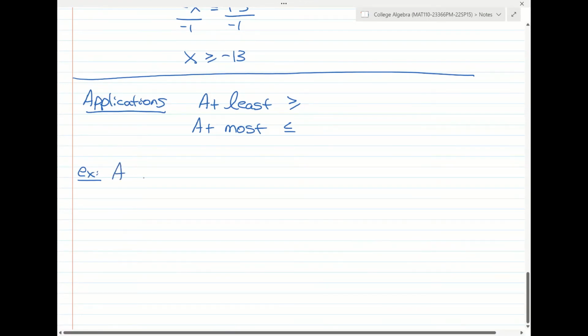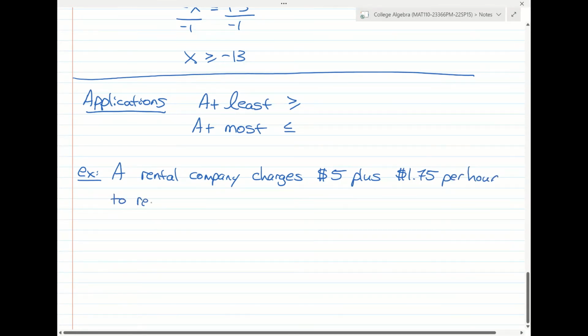Let's say a rental company charges $5 plus $1.75 per hour to rent a leaf blower.